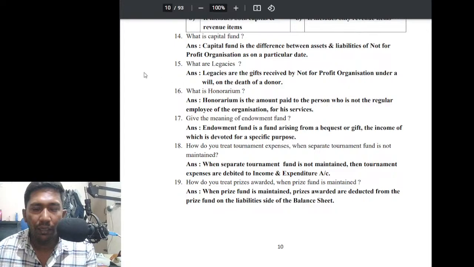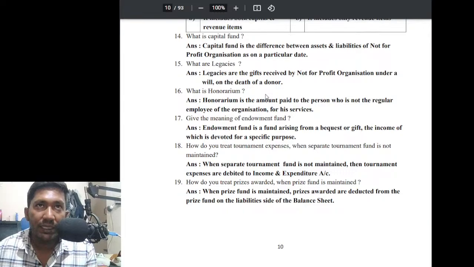If a father is leaving any properties for the son or daughter, then it is known as legacies. Here see they have given: legacies are the gift received by an NGO under a will on the death of a donor.